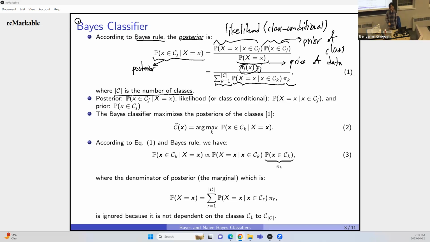By the way, in Bayes, these words have been borrowed from philosophy. Posterior, likelihood, prior. These are Latin words. In Latin we have a priori and a posteriori.